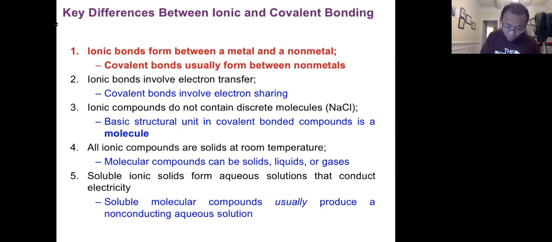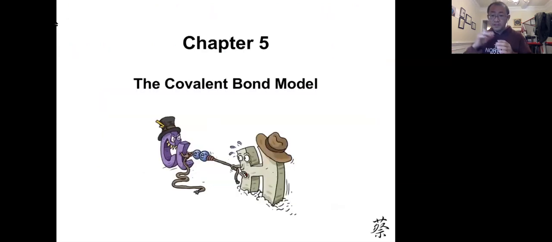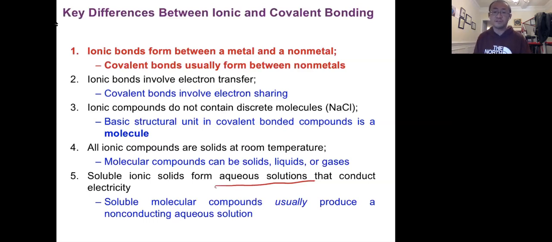Number 5, ionic compounds in solution, meaning when you dissolve an ionic compound in water, their aqueous solution, we will learn that in later chapters, usually conduct electricity. The reason is the free ions. We'll learn that in future chapters. But soluble molecular compounds, meaning compounds we learn in this chapter, even though they're soluble in water, usually do not conduct electricity.